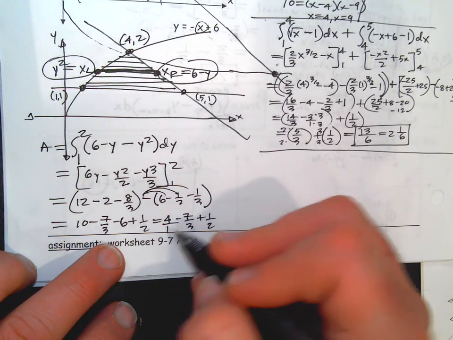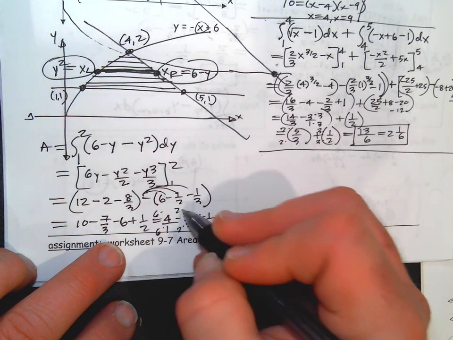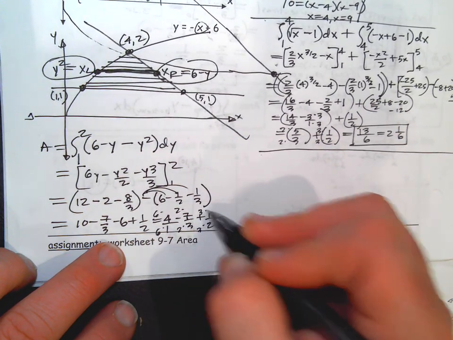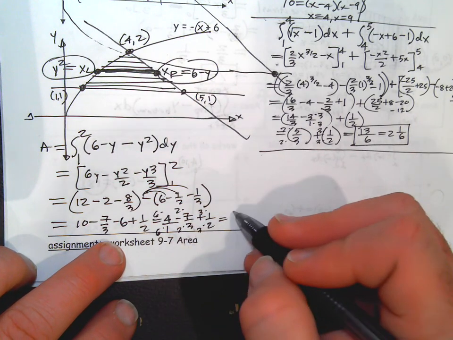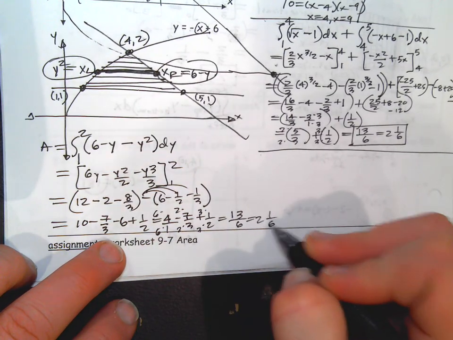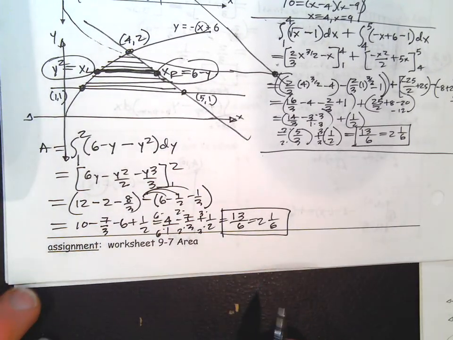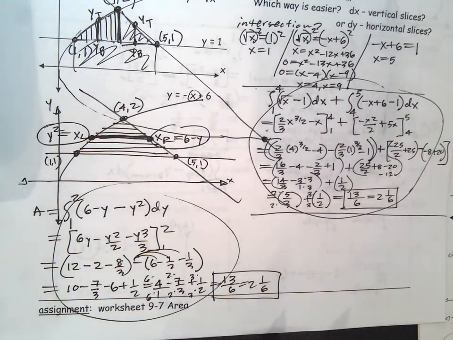Least common denominator, 6. So it's going to be 24 minus 14 is 10, plus 3 is 13 over 6. Now, I'm not saying that was easy, but I feel like this was a lot simpler than that. I mean, it was just cleaner.